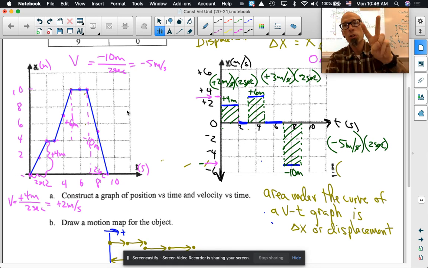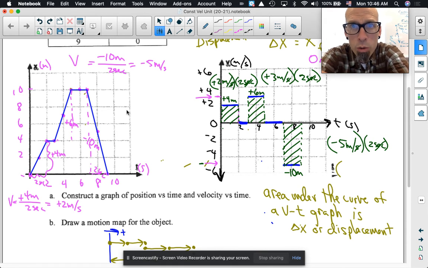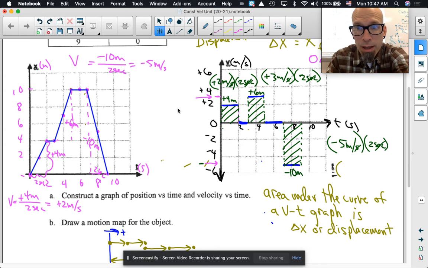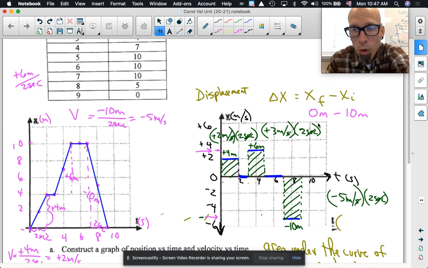Now, I asked 2 more questions in class. I said, what is the total displacement for the whole 9 seconds, the whole shooting match? How much displacement is there? Well, that's like asking, what was your initial and your final position?